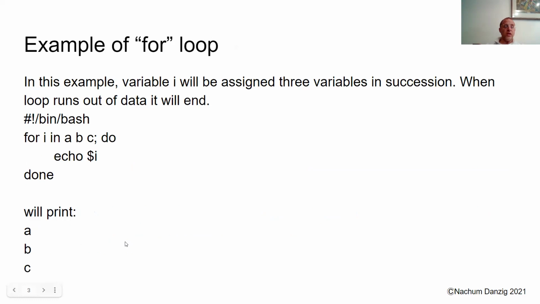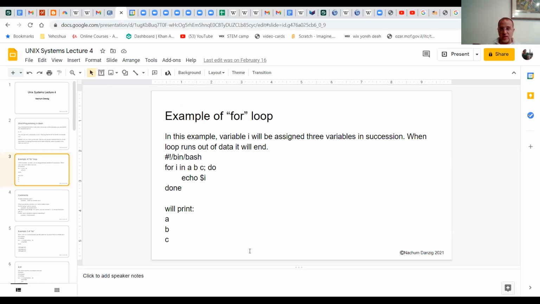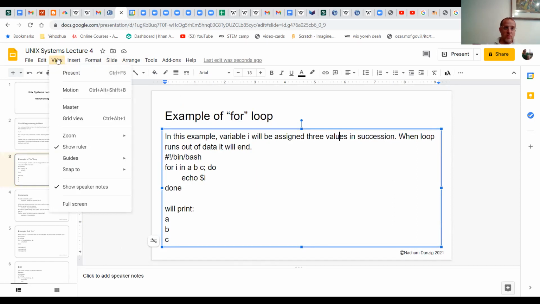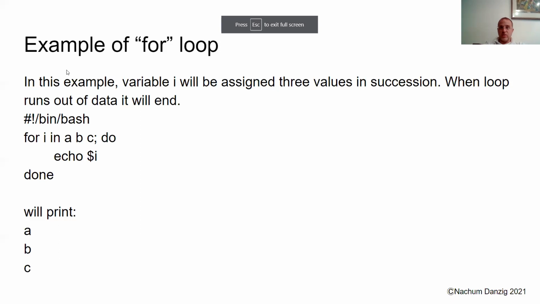Okay. Let's start with some simple examples. It's kind of a weird for loop, but it's really like a for each if you know other languages. In this example, variable I will be assigned 3 values in succession.